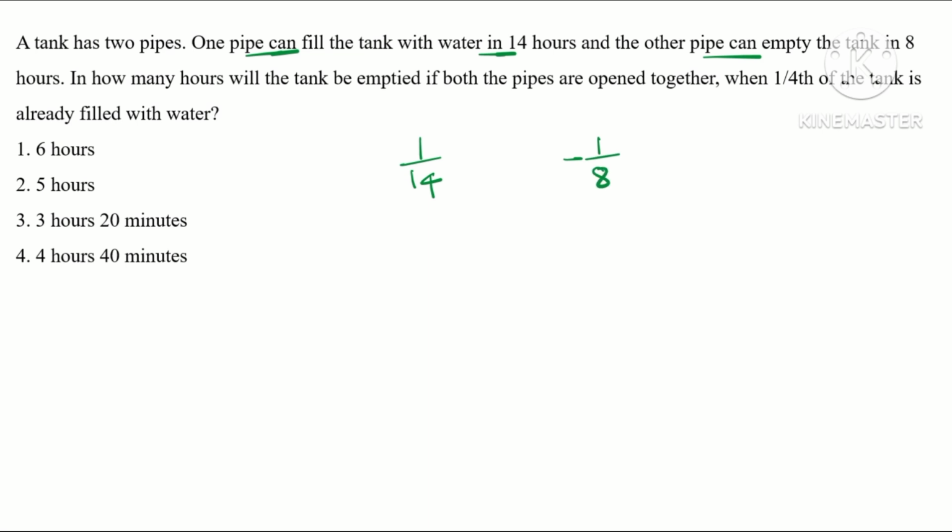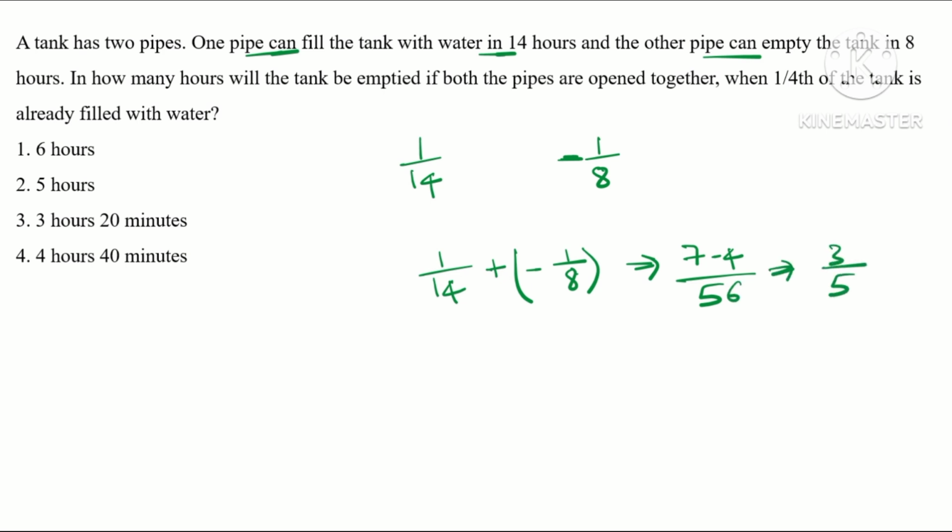As it is emptying, we should take minus. So let's find the net emptying rate. 1 by 14 plus minus 1 by 8. We get 7 minus 4 by 56. So 3 by 56. This is the net emptying rate.